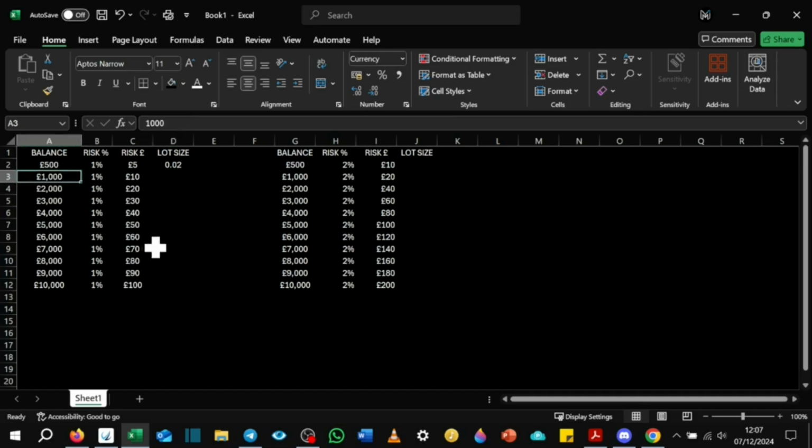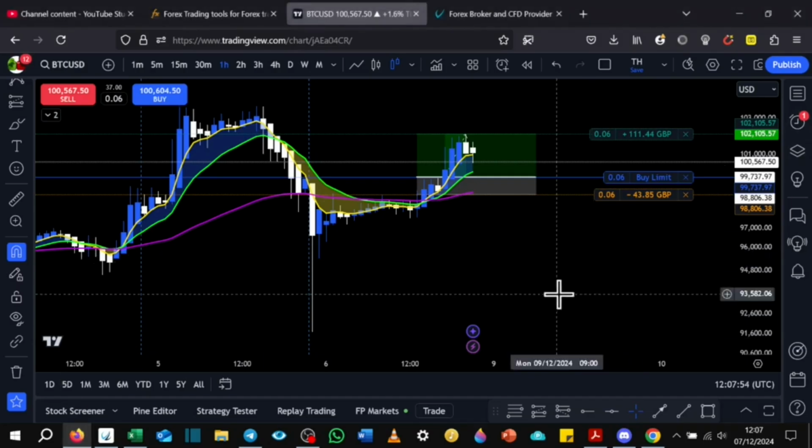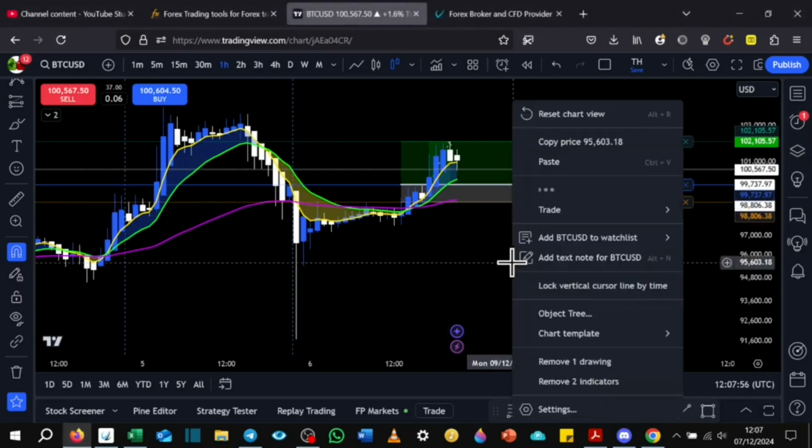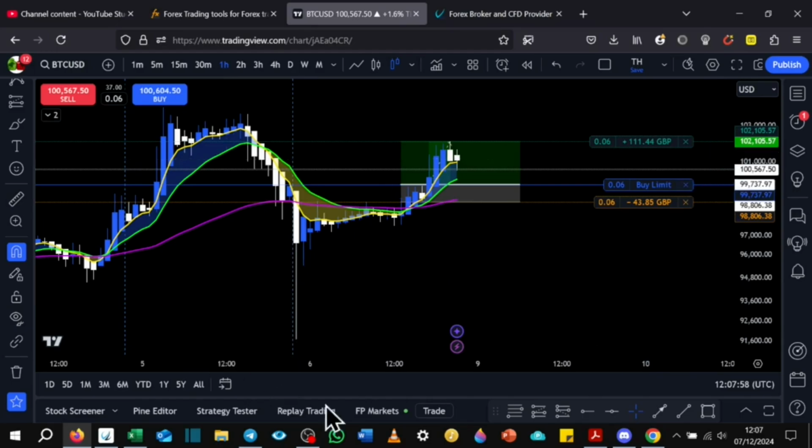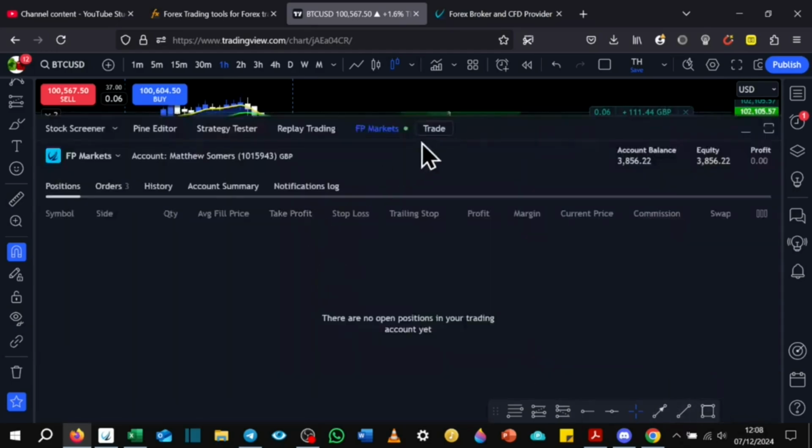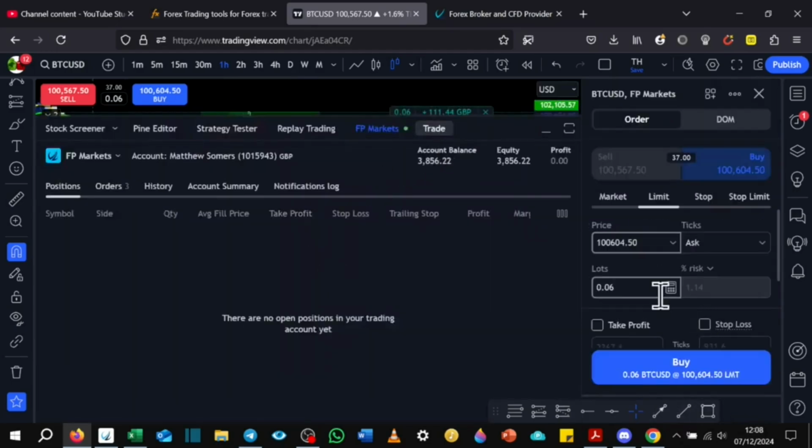So when your account is a grand, once you place your trade and you've got £1,000 in your account, you just do the same thing again, and it will tell you, right, with £1,000 you can use a 0.01 lot size, right?